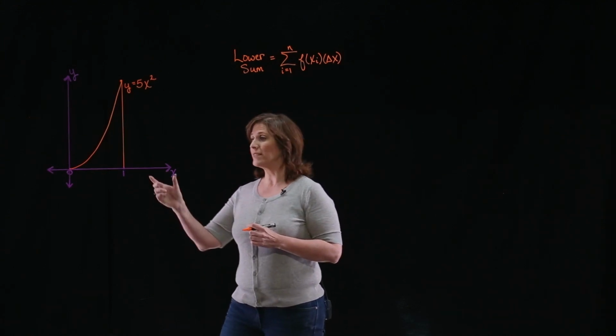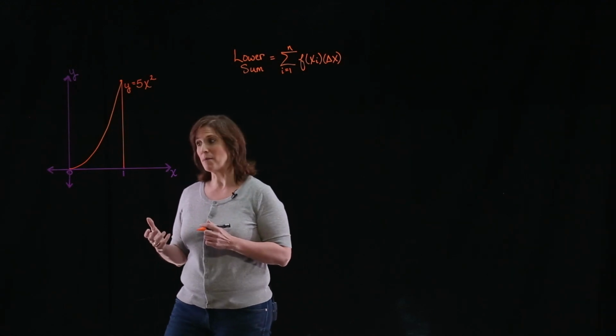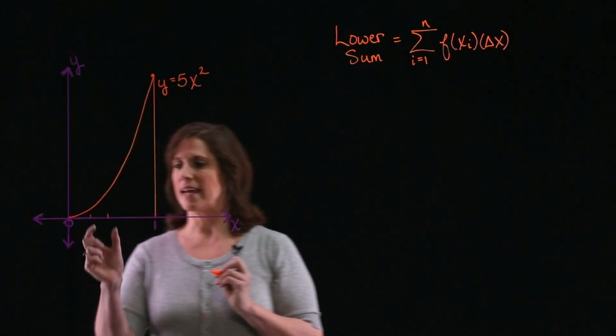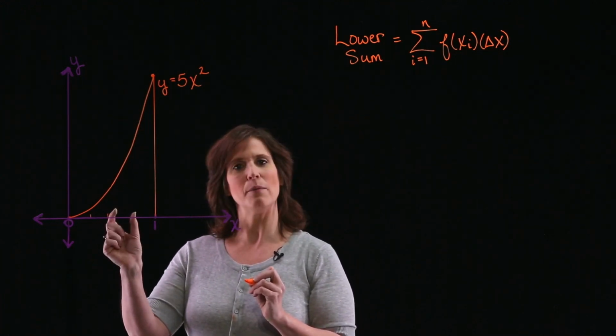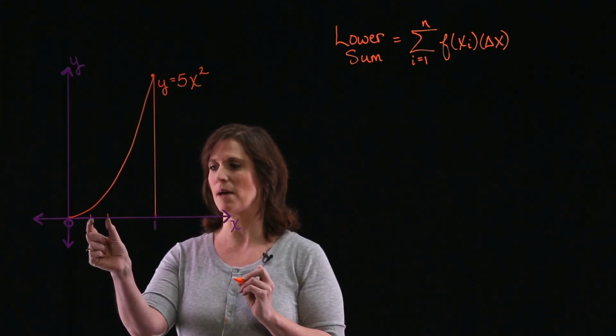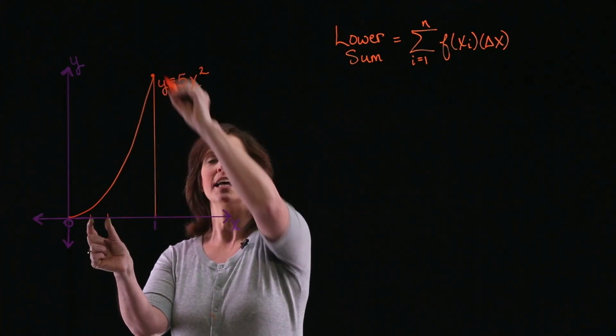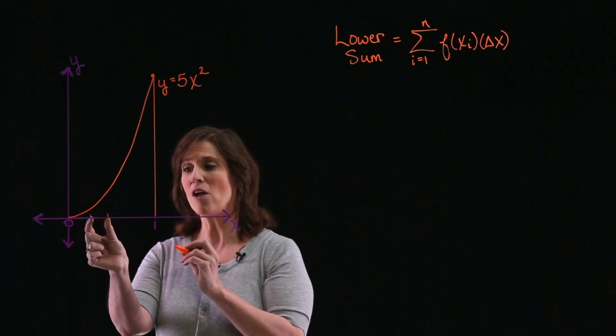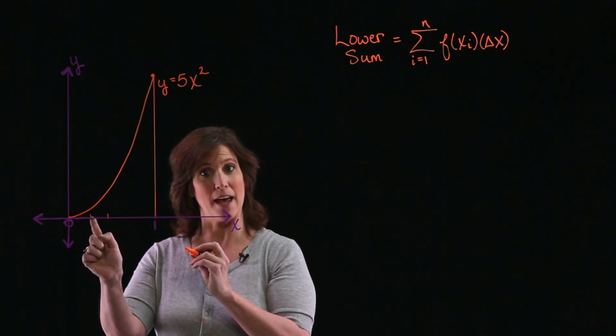Like before, we're going to come over to our graph and look at subintervals. If I mark a couple of those off to get an idea of what's happening, I notice that if I'm looking at rectangles using a subinterval, because my function is increasing, I'm going to get the lower sum, or the smaller value, by using the left endpoint.